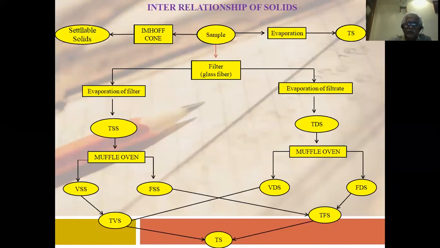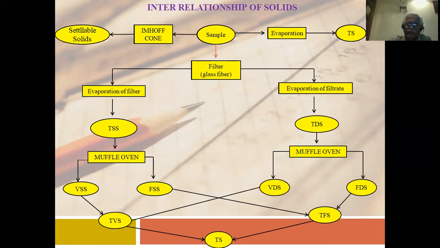Let us interpret with the interrelation of the solids. If you take a sample of 100 milliliter in a small beaker and pass it on to evaporation, you will get the settleable solids. The Imhoff cone will give you this.